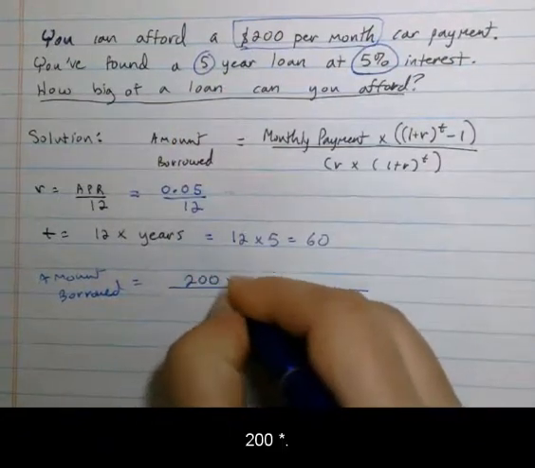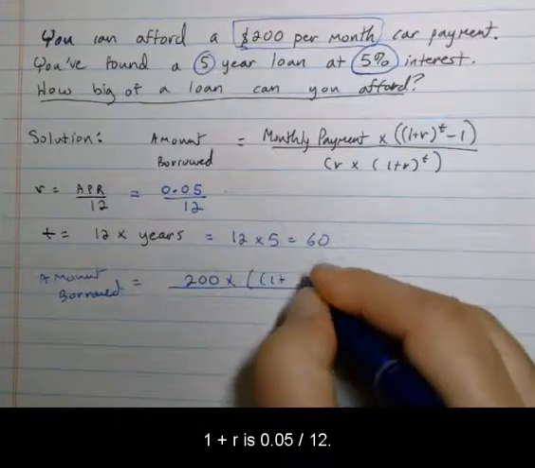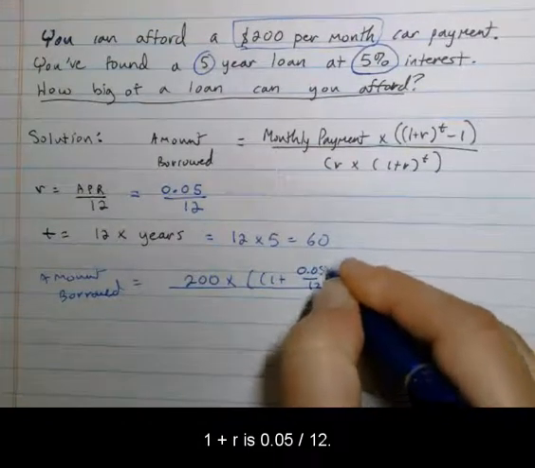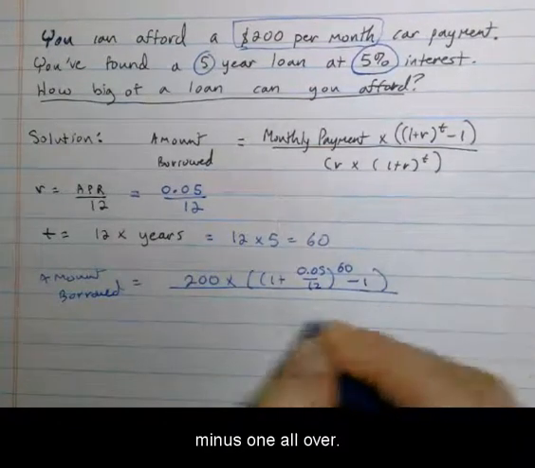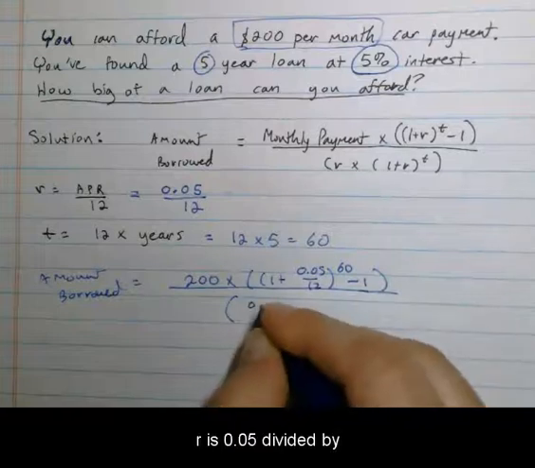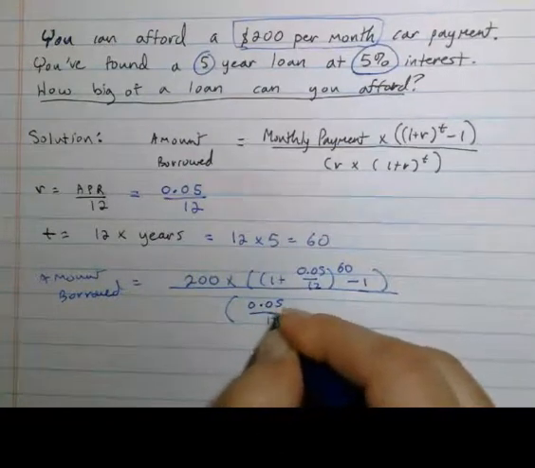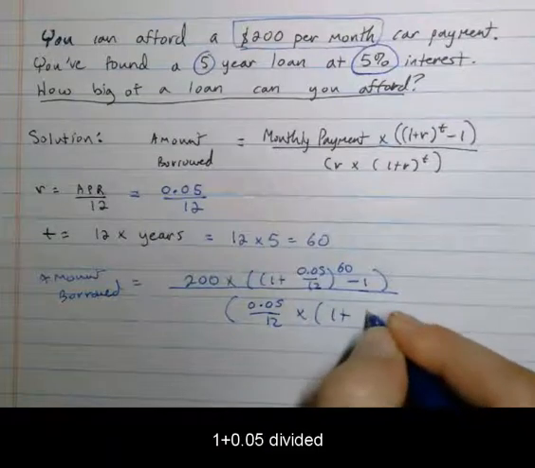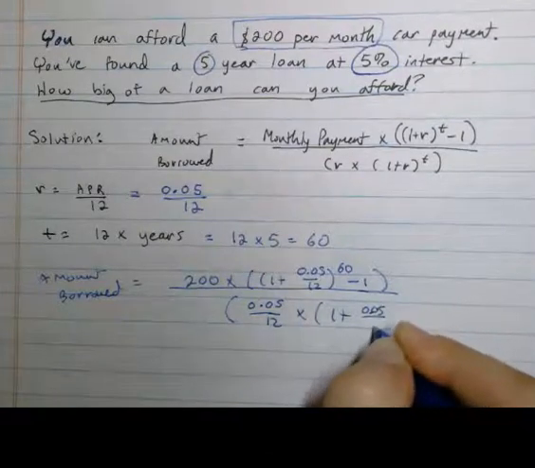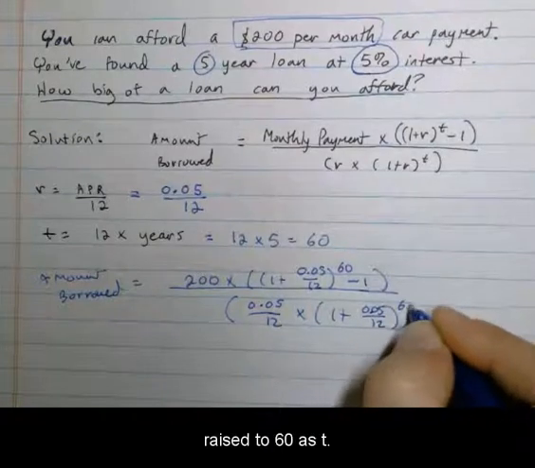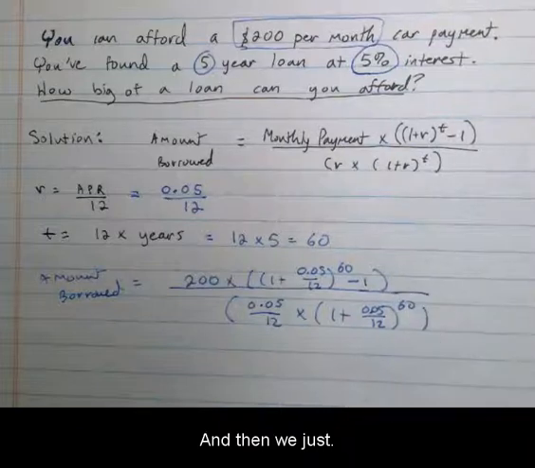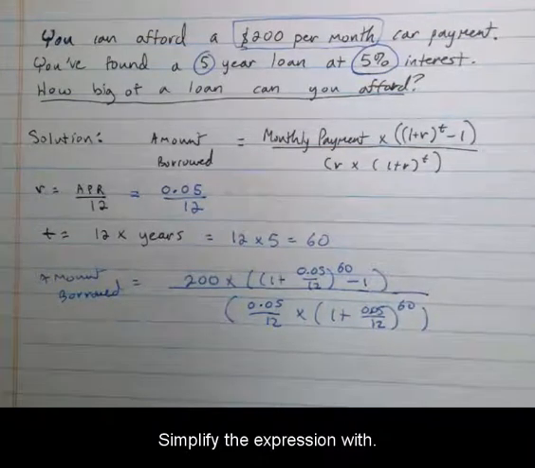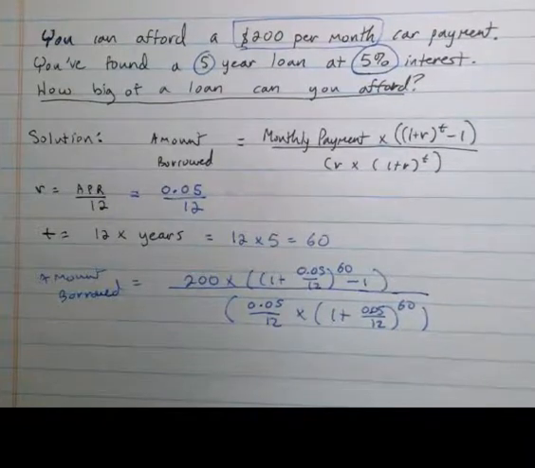So 200 times 1 plus R, which is 0.05 over 12, T is 60, our exponent here, minus 1, all over R, which is 0.05 over 12, times 1 plus 0.05 over 12 to the 60 as T.